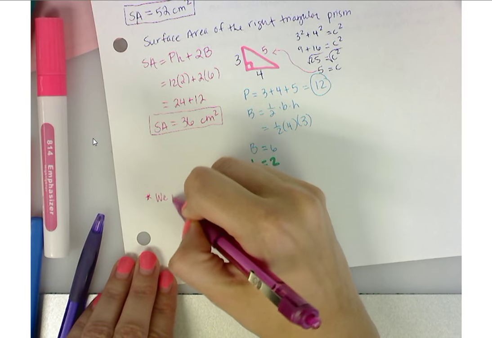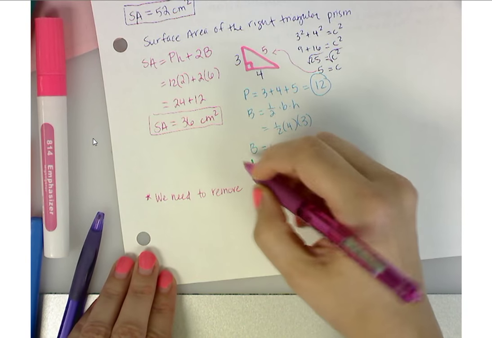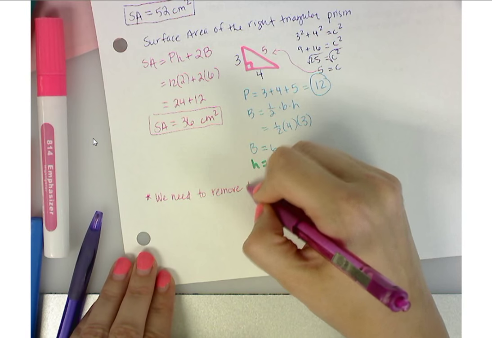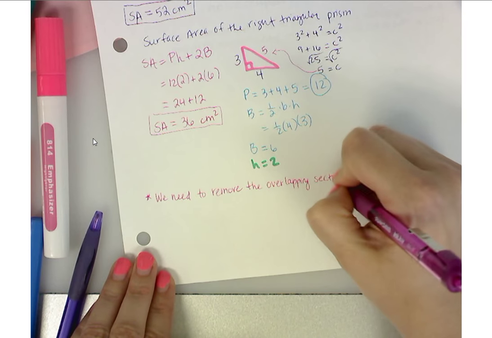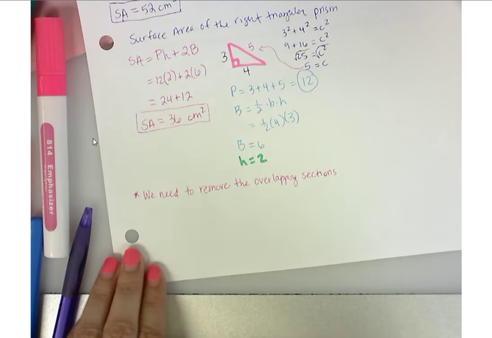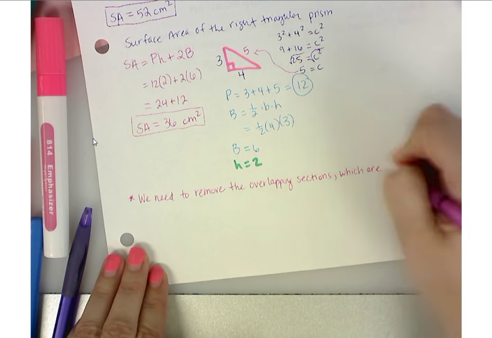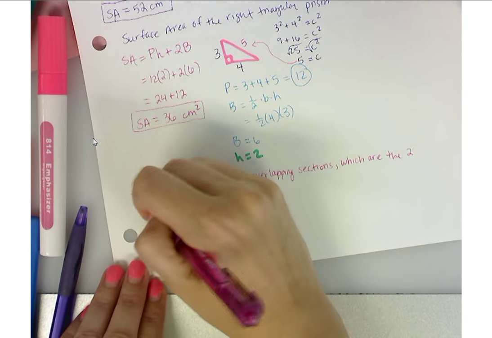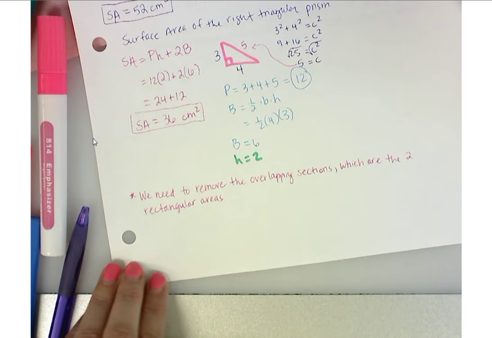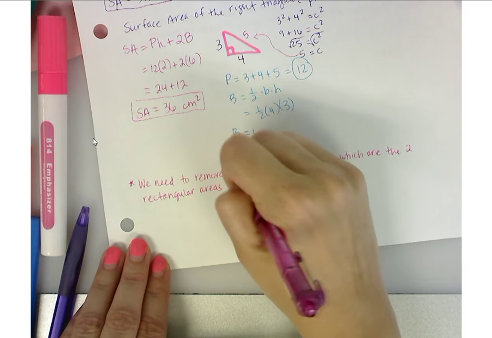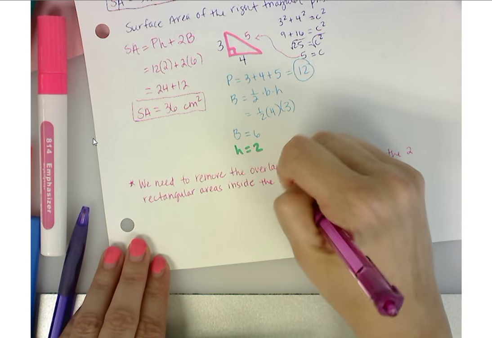We need to remove the two rectangular areas inside the composite figure.